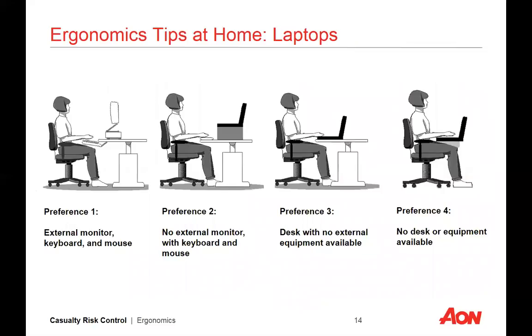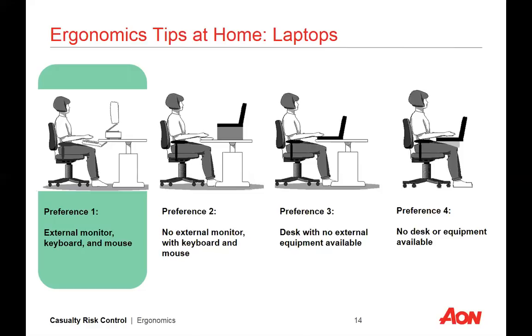So we're going to start out just talking about using a laptop in general and the ergonomics implications of using a laptop. Obviously, with a laptop, the primary challenge is that your keyboard and your monitor are attached to each other. And so we're going to start out by talking through some different levels of preference in regards to your options. Preference number one, of course, is having an external mouse, an external keyboard, and an external monitor.